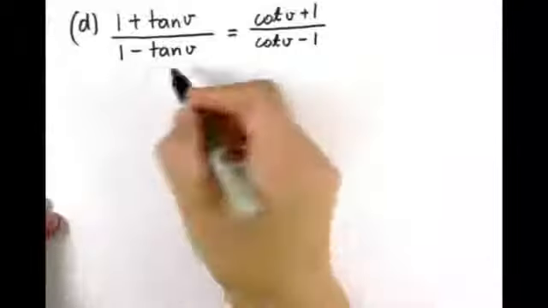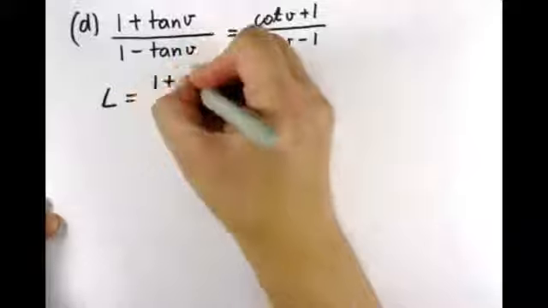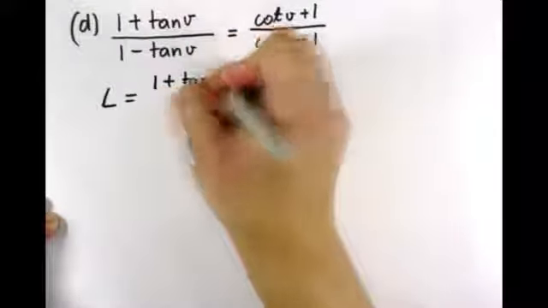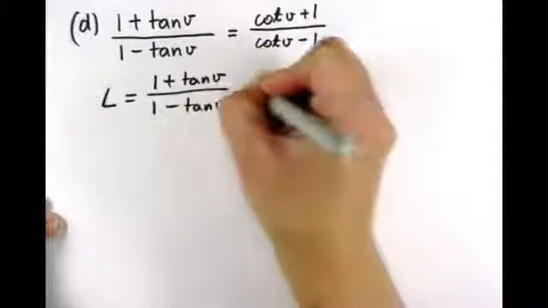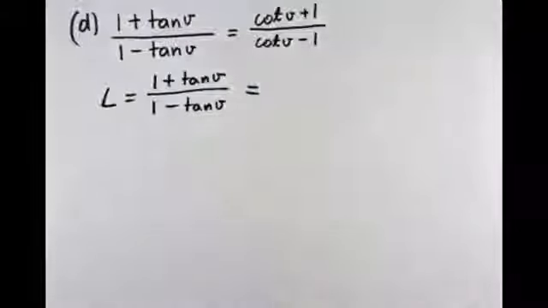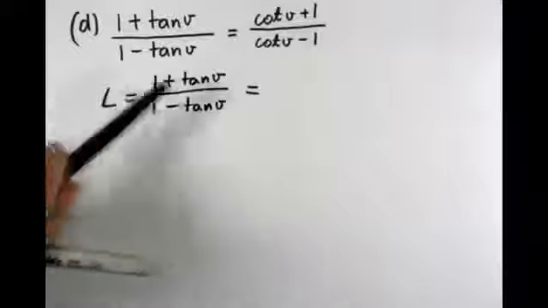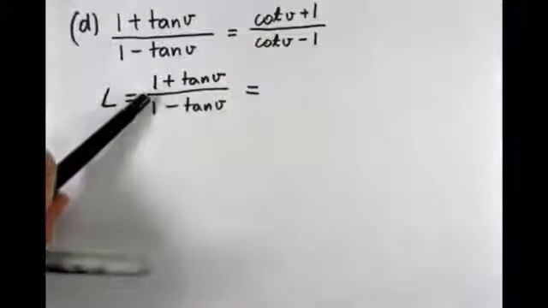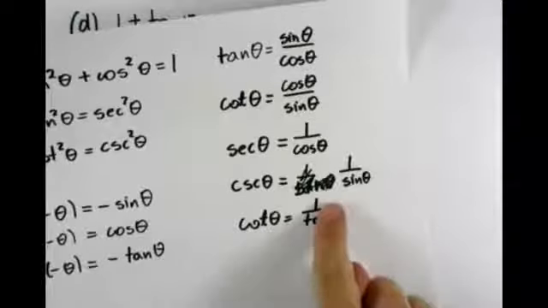I'm going to start with the left side. 1 plus tangent V over 1 minus tangent V. Okay, I know that I need to have cotangent in the first position. If I look into my identities, I can see that cotangent is nothing else but 1 over tangent.